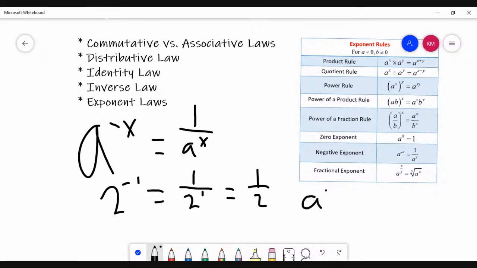A to the negative 5 will give me 1 over a to the 5th. So a negative exponent, if it's a whole base with a negative power, you can flip it into 1 over that base and that power to make it positive.